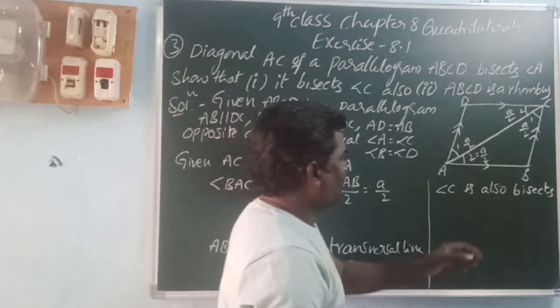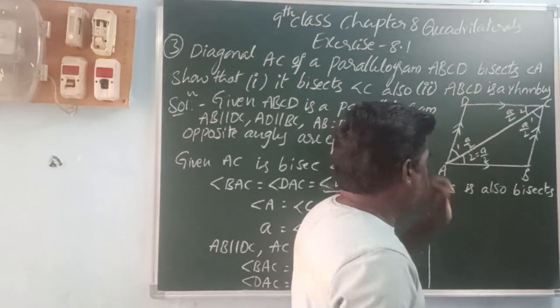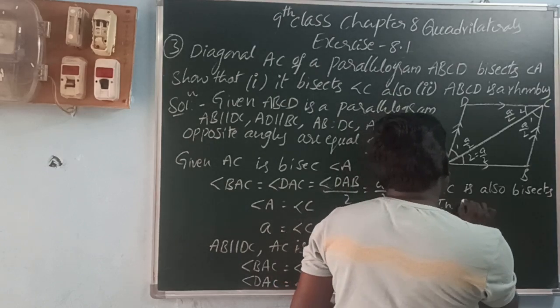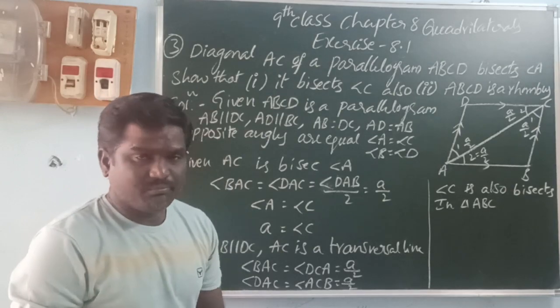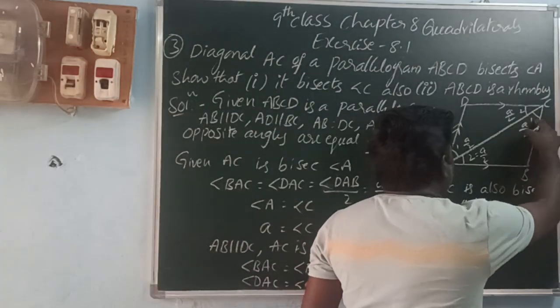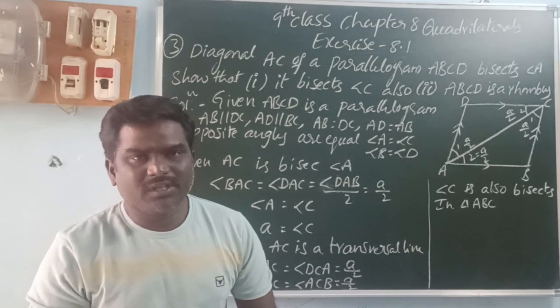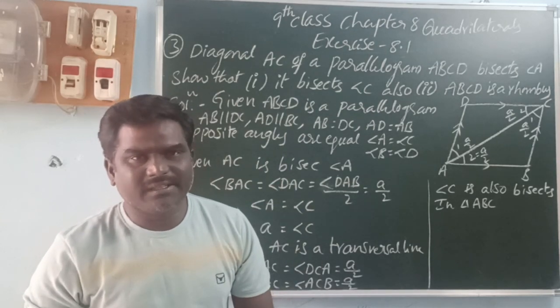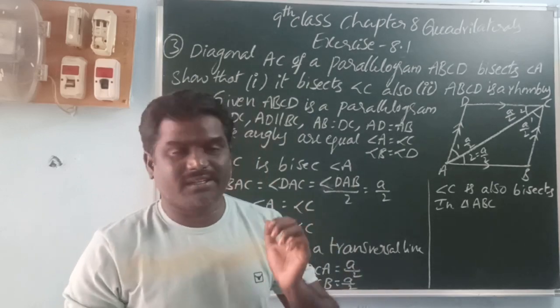So these two angles are equal, and these two angles are equal. So in triangle ABC, these two angles are equal. In any triangle, if two angles are equal, the triangle is called an isosceles triangle, and its opposite sides are equal.